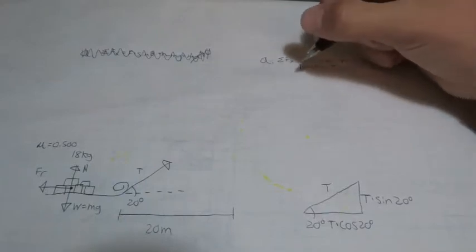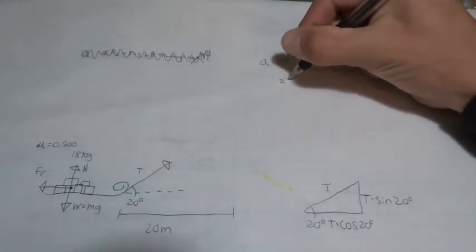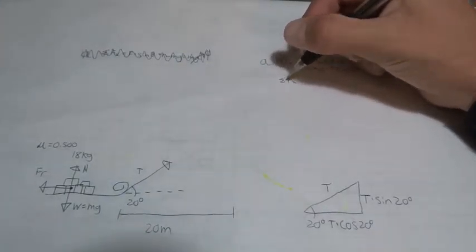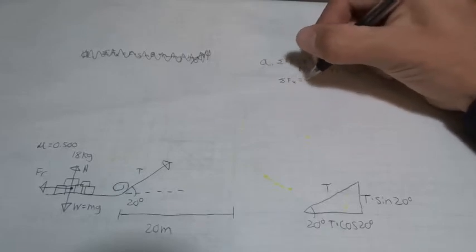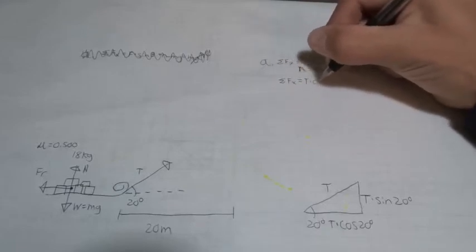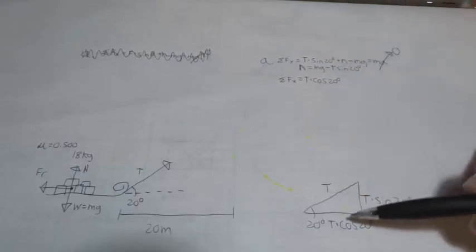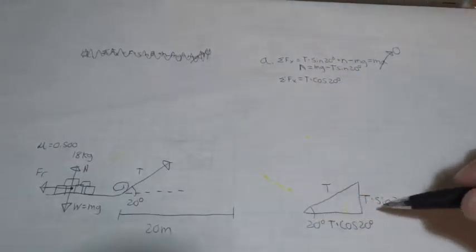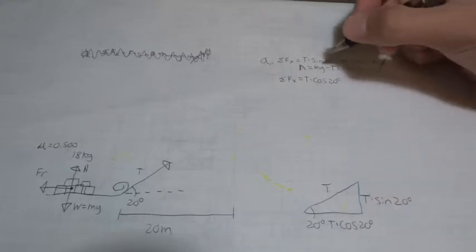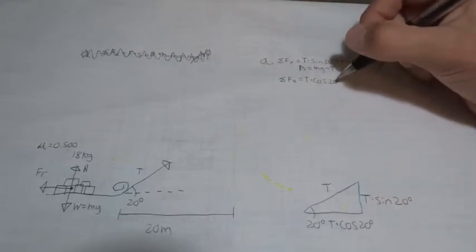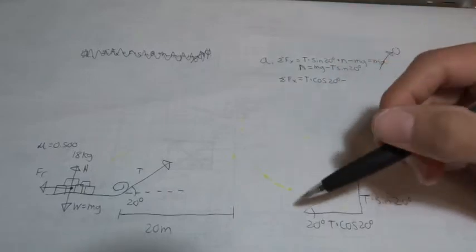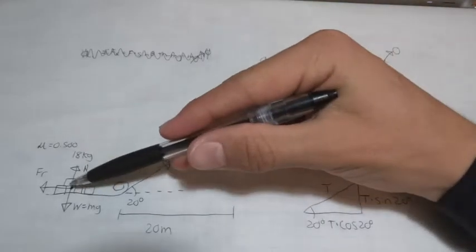Now let's do that in the x direction. So the sum of all forces in the x direction equals T times the cosine of 20 degrees. That cosine of 20 degrees here, of course, that's along the x-axis. So T times the cosine of 20 degrees minus friction, because remember, friction is acting in this direction. You can write this F_r.